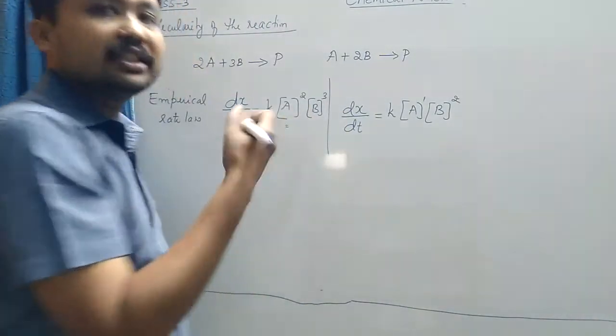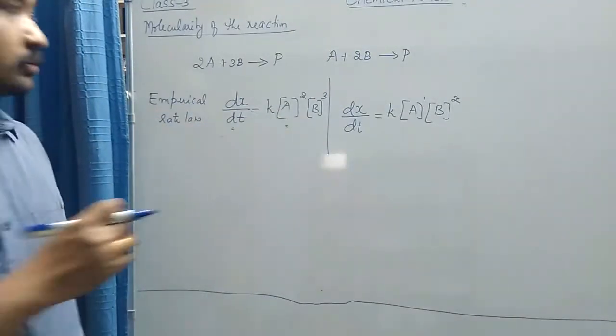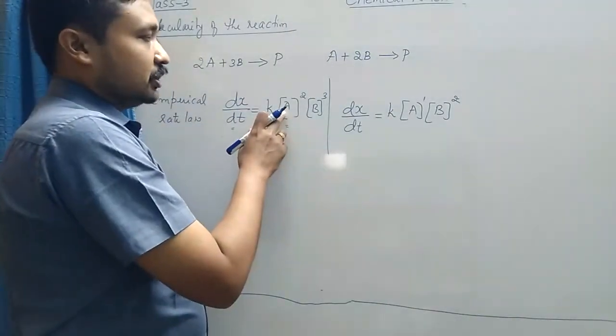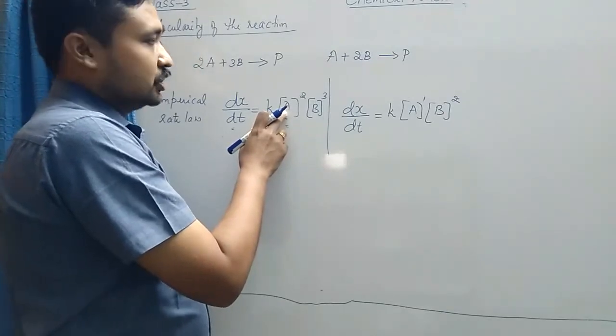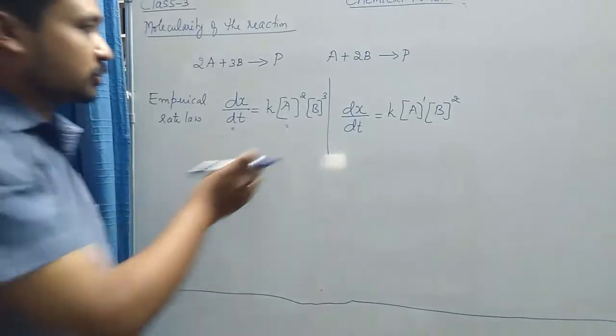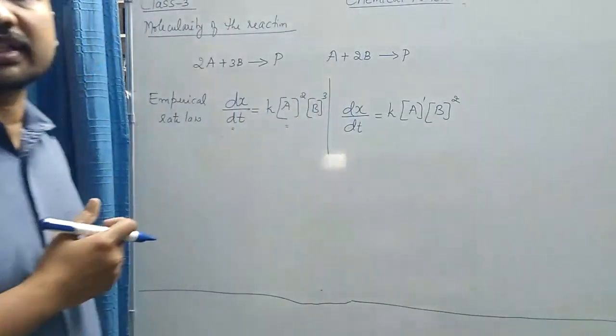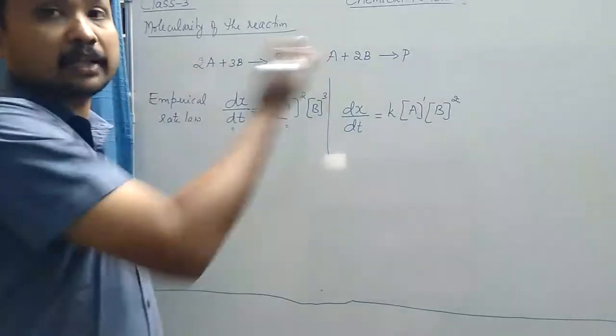Suppose I double the concentration of reactant A in both cases, what will happen? If I double the concentration of A in the first case, the rate becomes 4 times, because if I double this number, again you have square, so 2 square is 4, so the rate becomes 4 times.